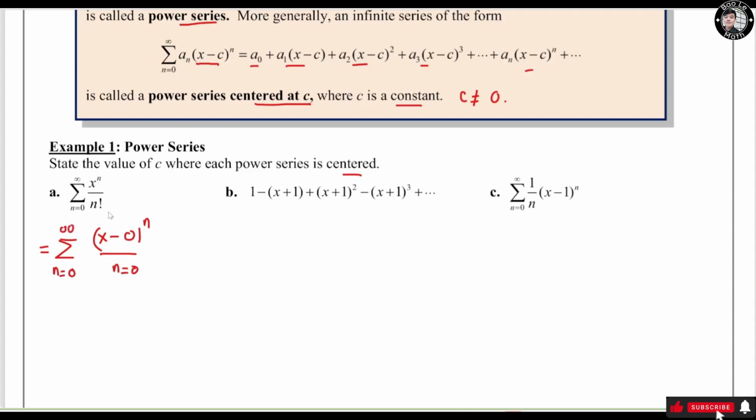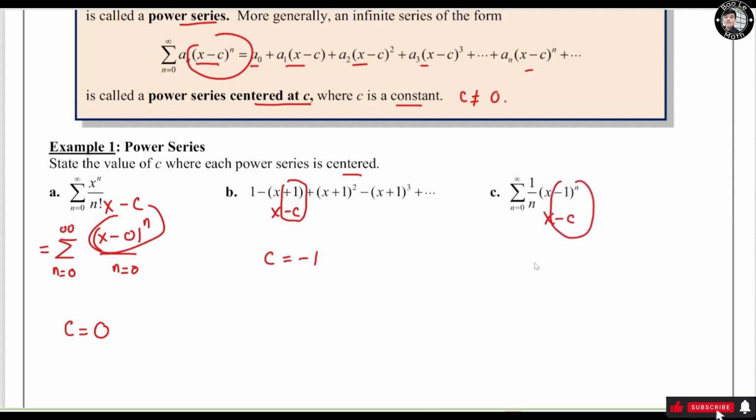In this situation, we match this up with x minus c, so c equals 0. Same thing, we have x minus c, so we match it up, so c equals -1. Now we have x minus c, match it up, so c equals 1.